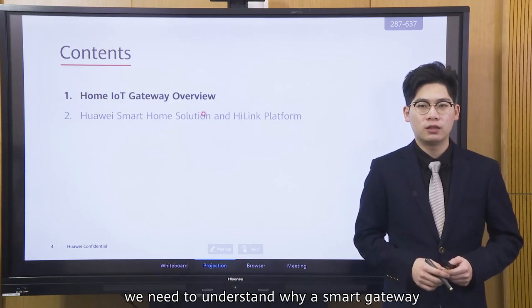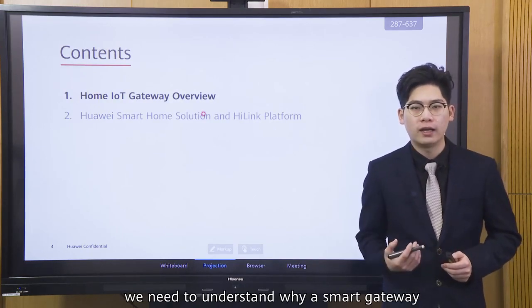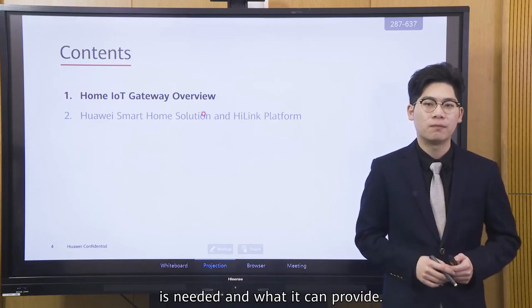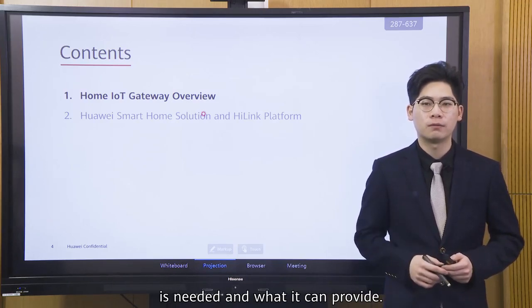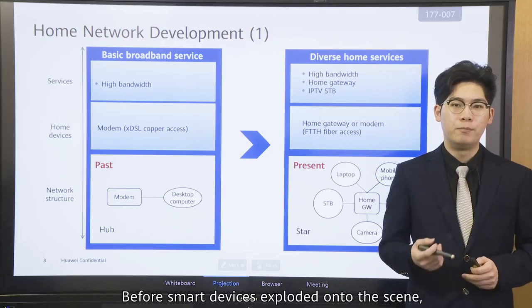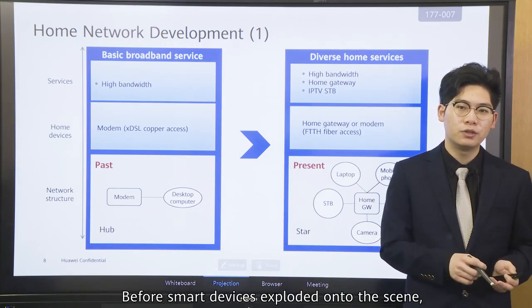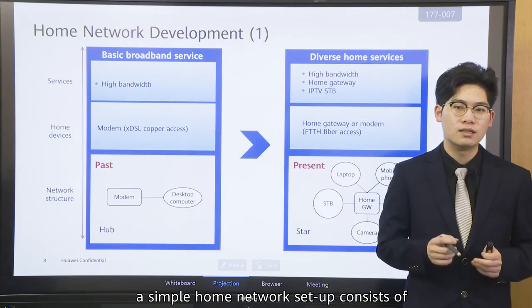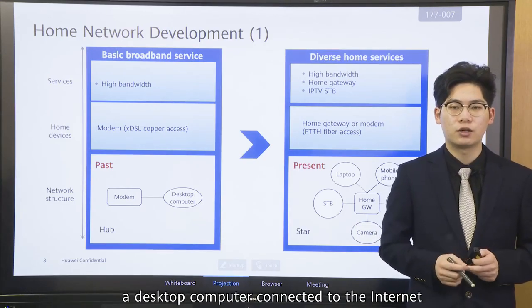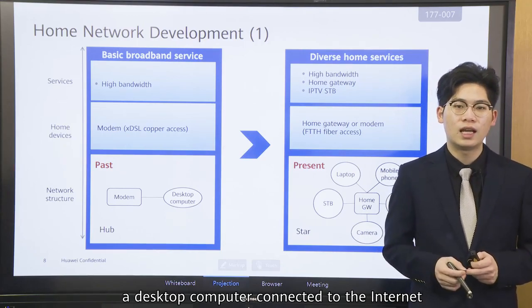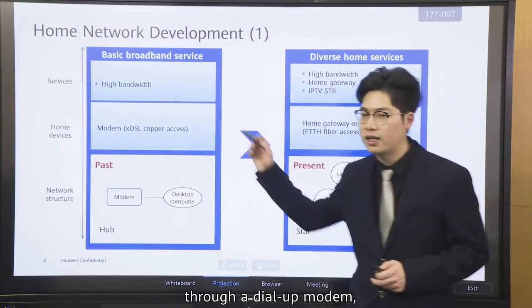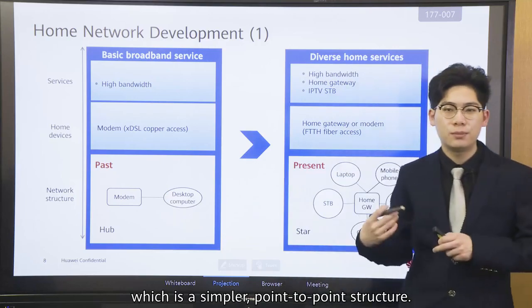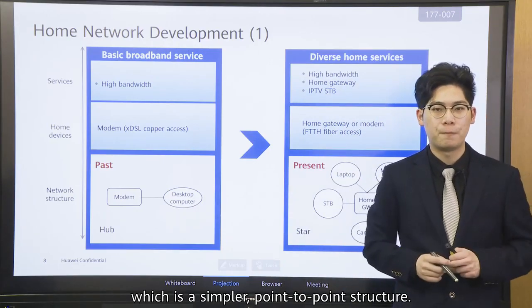Before we begin, we need to understand why a smart gateway is needed and what it can provide. Before smart devices exploded onto the scene, a simple home network setup consisted of a desktop computer connected to the internet through a dial-up modem, which is a simple point-to-point structure.